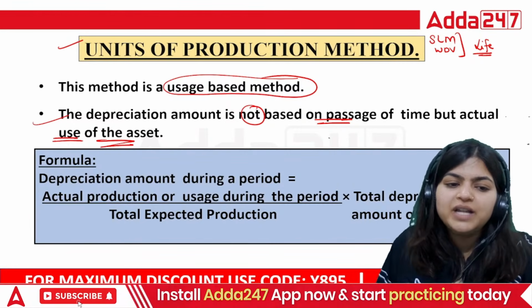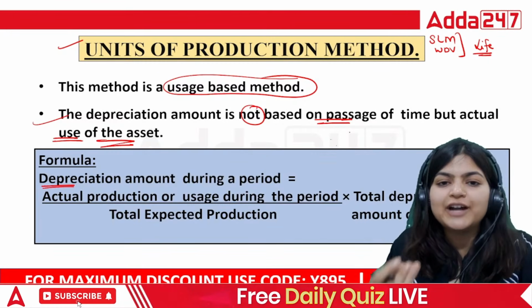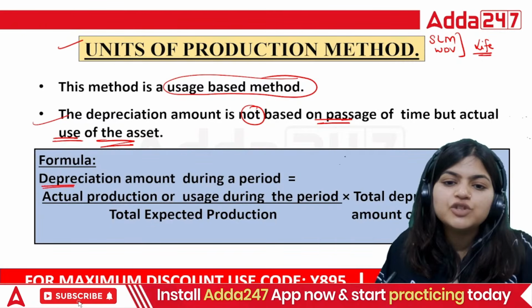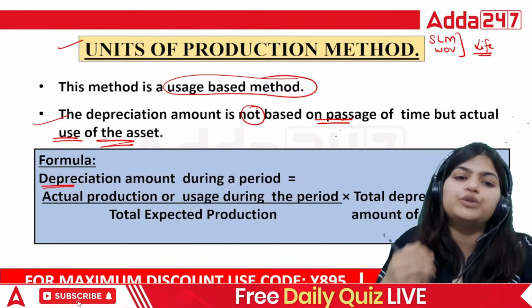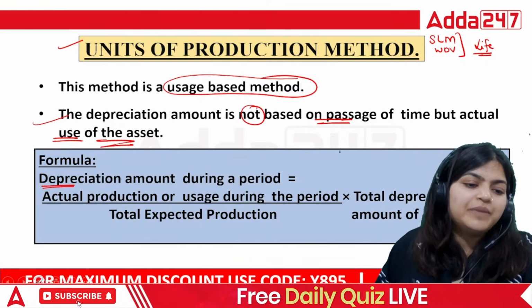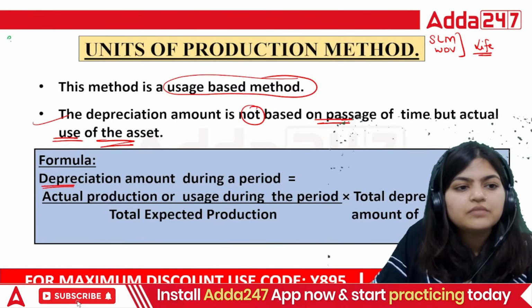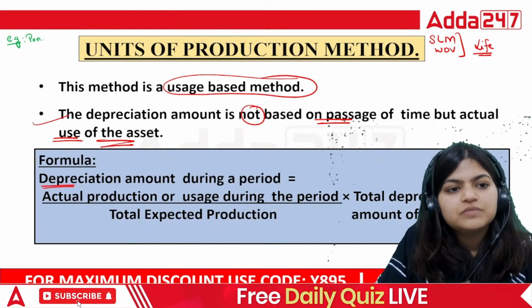Very easy formula. So how to calculate depreciation? First of all, take your actual production that you have done based on that machine during the financial year, divided by the total expectation that you want to generate from that. Basically, what they are saying here, let's say I have purchased one pen machine.